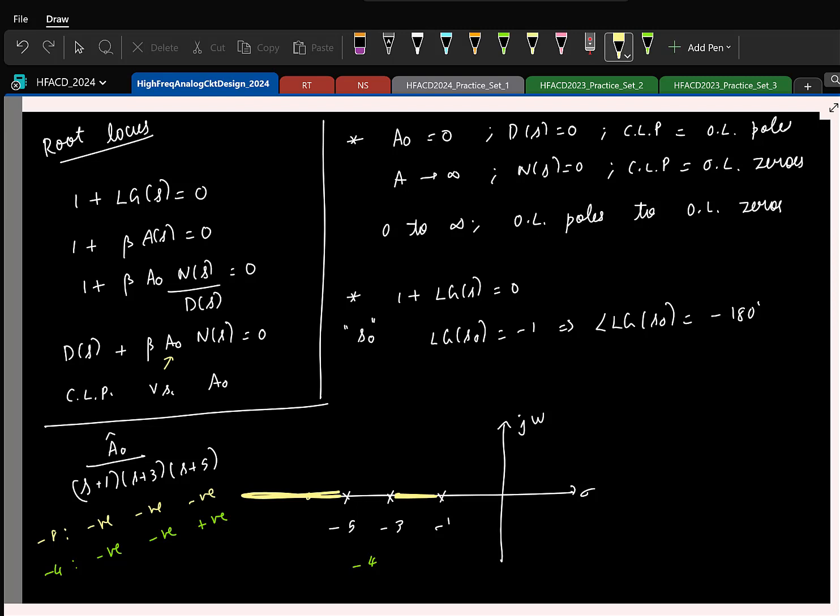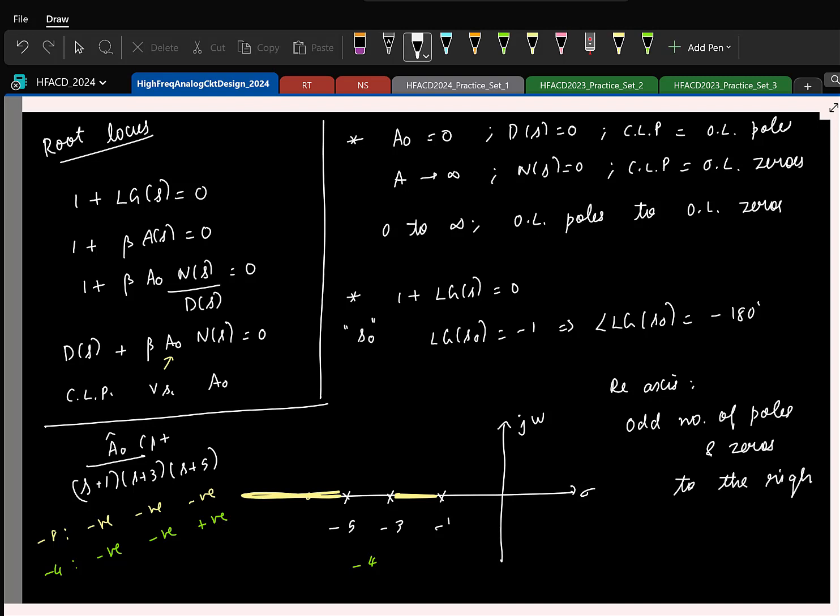So what is the logic? Basically the number of poles, and in fact number of zeros also. On the real axis, if you need to have the root locus, it means you need to have an odd number of poles and zeros to the right.